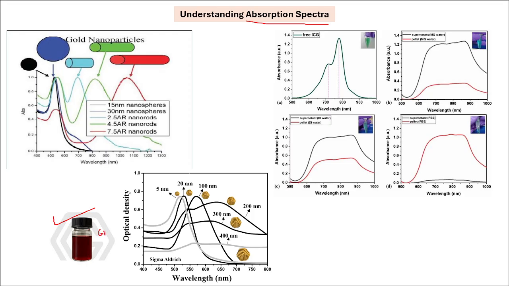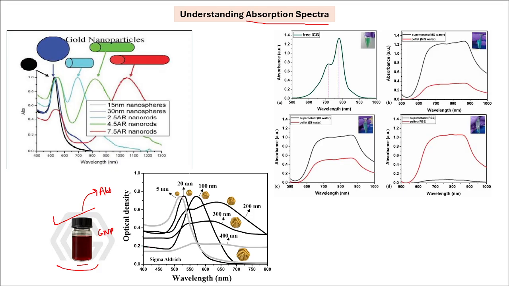At this stage, you don't know the size of the nanoparticles present in this suspension. But when you record the absorption spectra of this particular sample, you'll see one of these wavelengths.